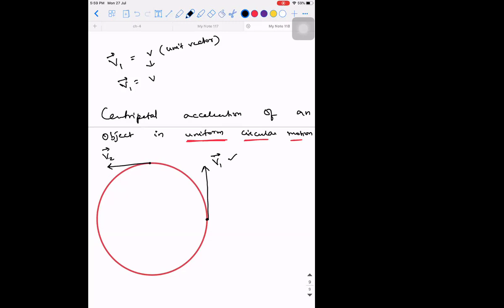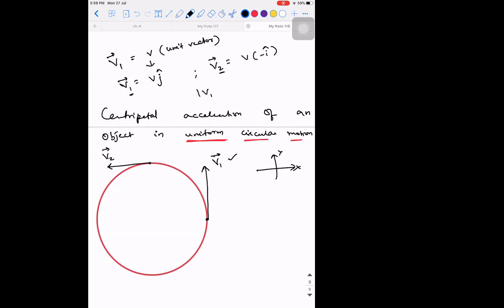Take this as x-axis and y-axis. Initially it is acting in positive y, which is j cap. Can I write v1 vector is equal to v j cap? Similarly, v2 vector will be v into minus i cap. Did you understand why I wrote it as v1 and v2?